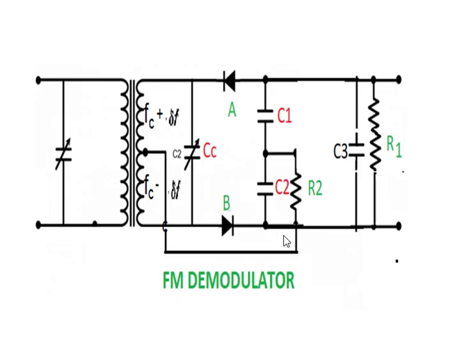Another resistor R2 connects the center of the secondary of the transformer to the center of the capacitors C1 and C2. This circuit is used to extract the low frequency message carrying modulating signal from the frequency modulated wave.